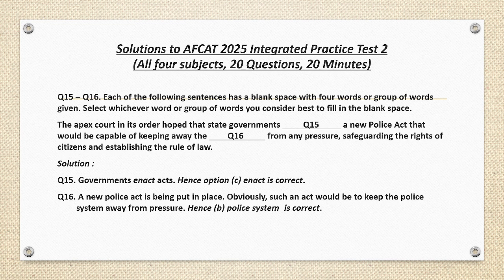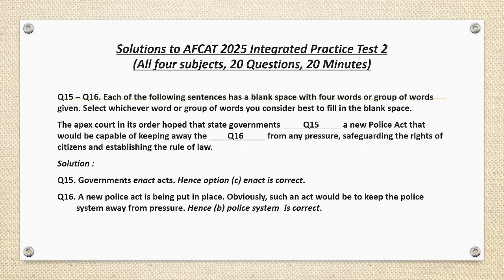Right? Governments, what do they do? They enact acts. Right? So option C, enact. The apex court in its order hoped that the state governments enact a new police act. Okay. Next sentence, that would be capable of keeping away the dash from any pressure.